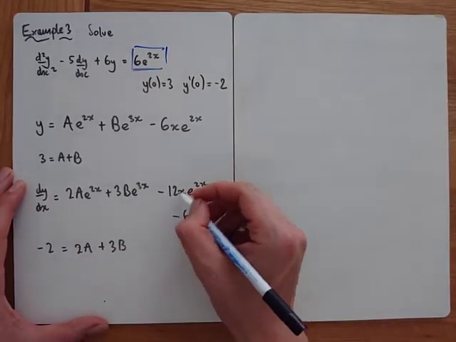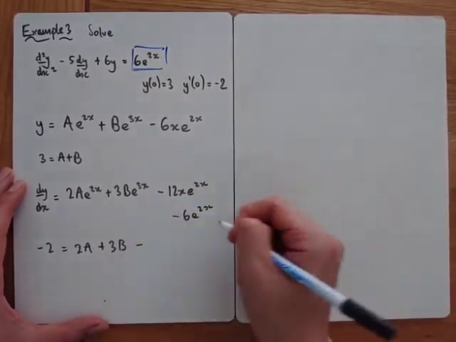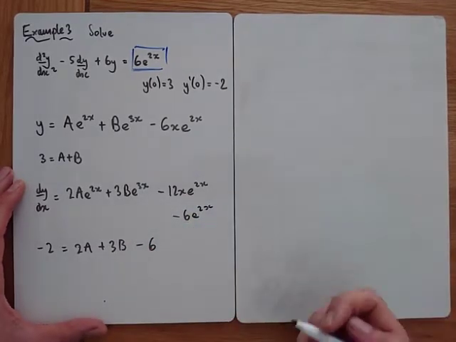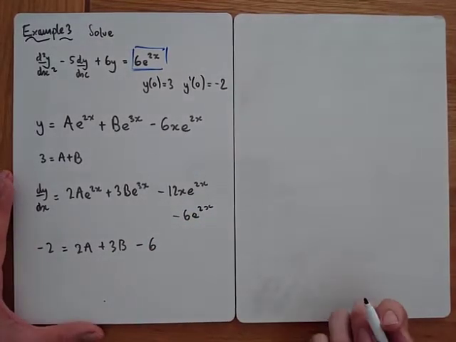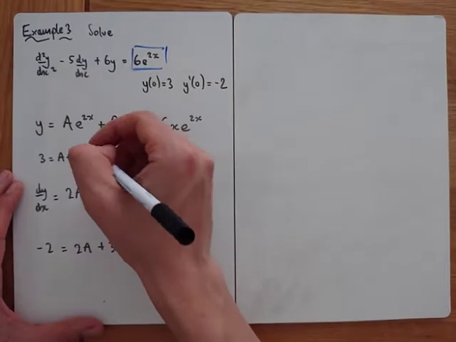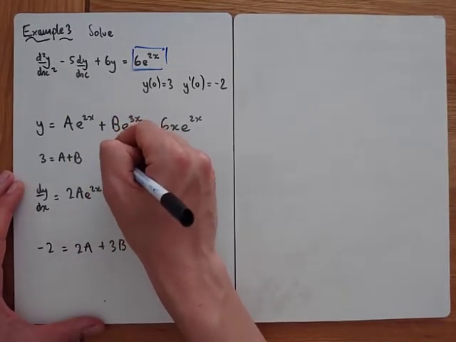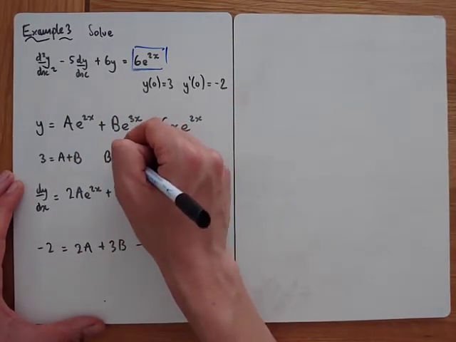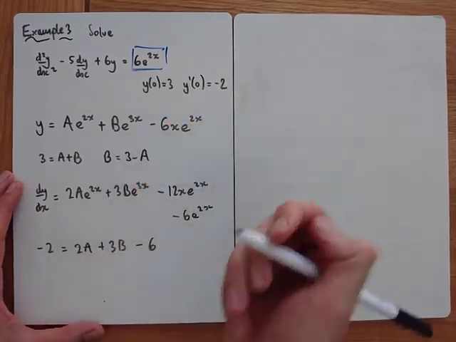Be careful, sub 0 into this, it'll disappear, and minus 6. Okay, so we get a nicer set of simultaneous equations. I'm going to use substitution. I know that b is equal to 3 minus a.